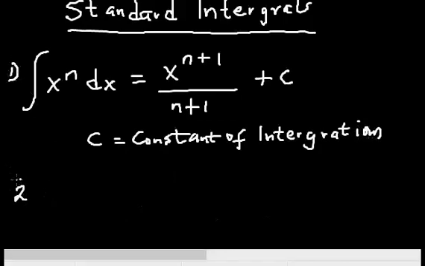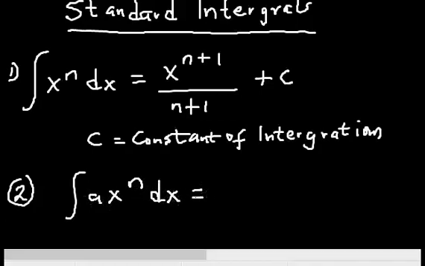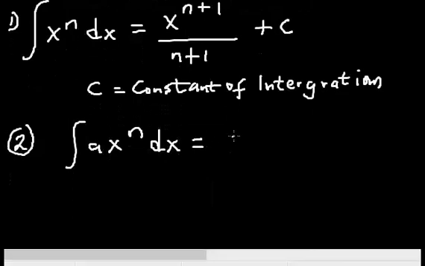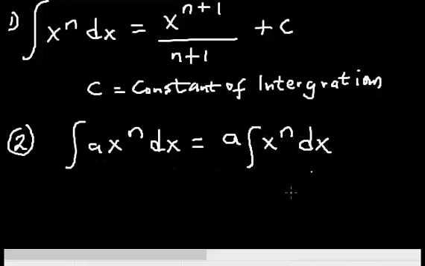Number 2: what if we have the power of x that has a coefficient, a times x raised to the power n, with respect to x? How do we do this? We take the coefficient to the front of the integral sign, then we can integrate the function of x.